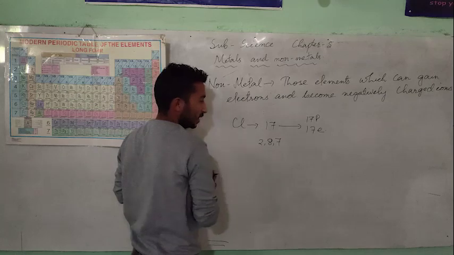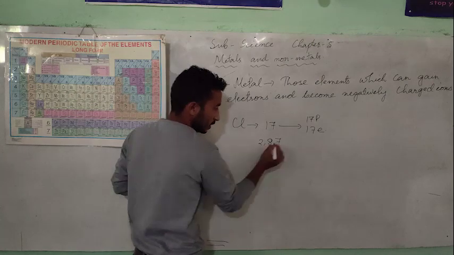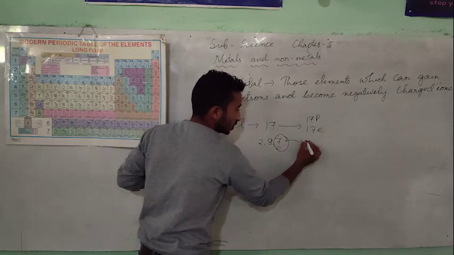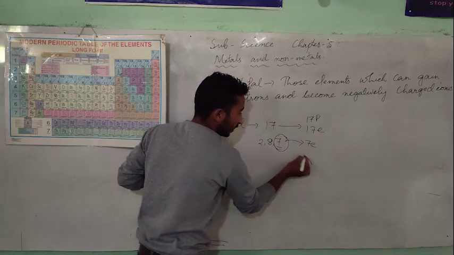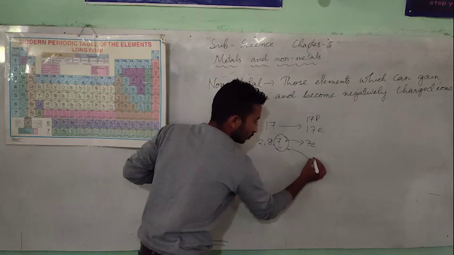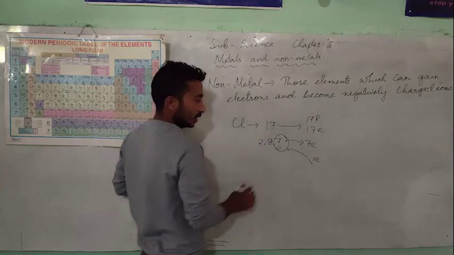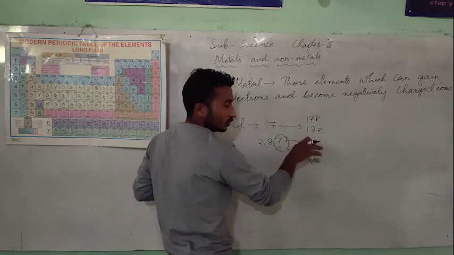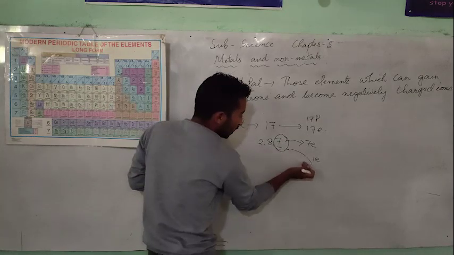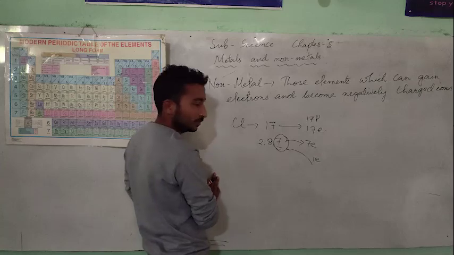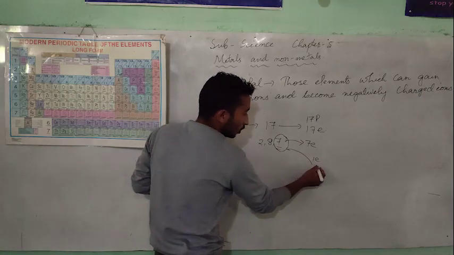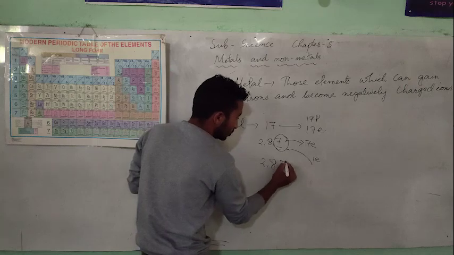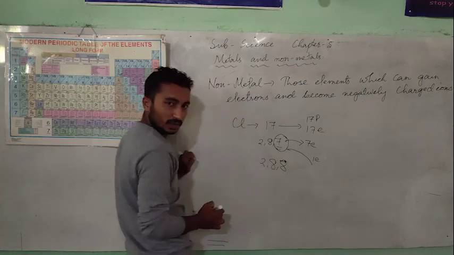To attain the stable electronic configuration of the nearest inert gas, chlorine has to either lose 7 electrons, or take 1 electron from outside to make it 8. Taking 1 electron is far easier than giving out 7, so chlorine will take 1 electron from outside and have electronic configuration 2, 8, 8.